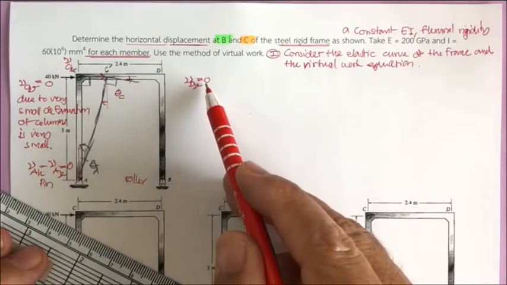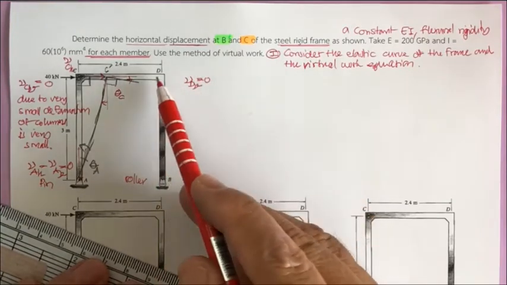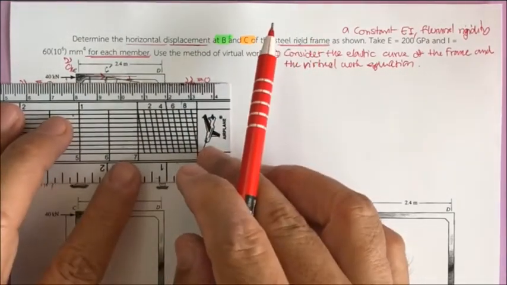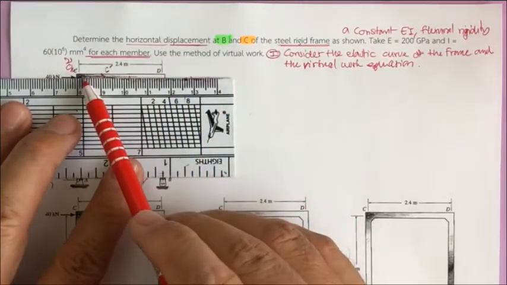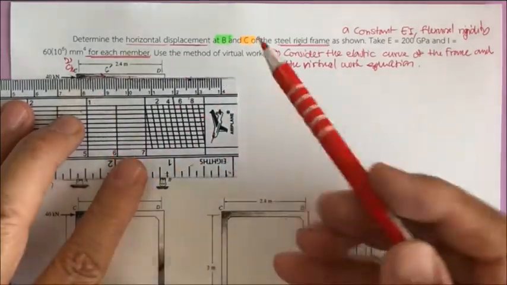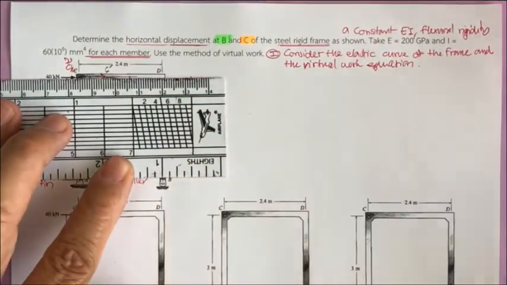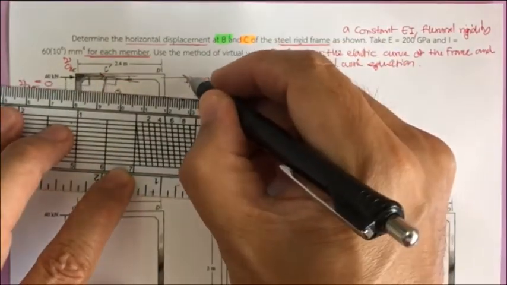And then D also is going to move by the same amount as C. So if this one is about 1 centimeter, this one is supposed to be 1 centimeter. Why?